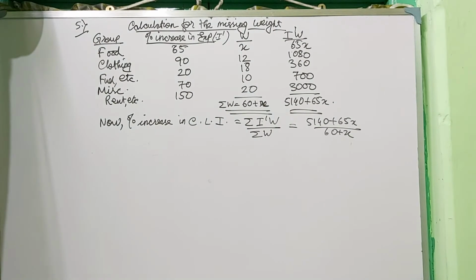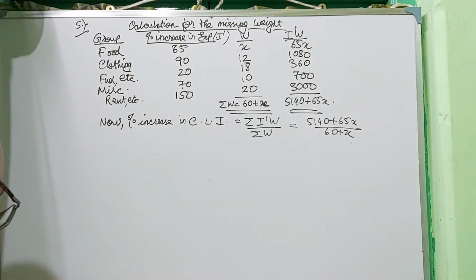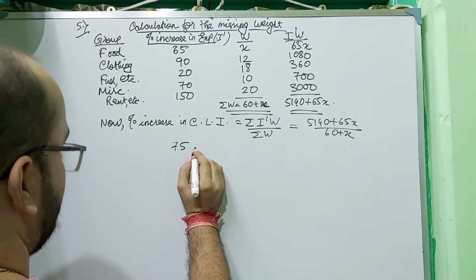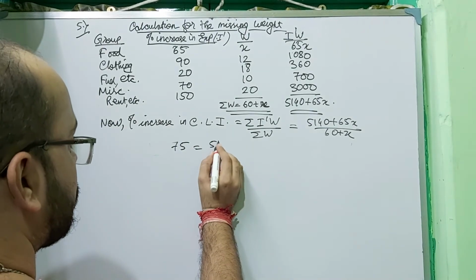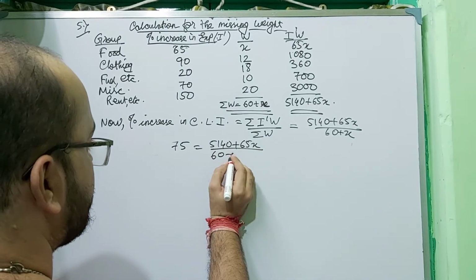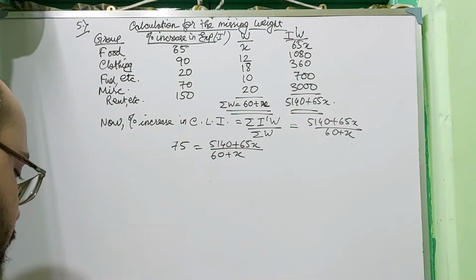And the percentage increase in CLI has been given, which is 75. How? The base is 175, meaning upon 100 the increase made is 75. If you go through the sum carefully, with 2000 as base it is 175, so upon 100 it is increasing by 75. So 75 is equal to 5140 plus 65X by 60 plus X. So we will cross multiply it.